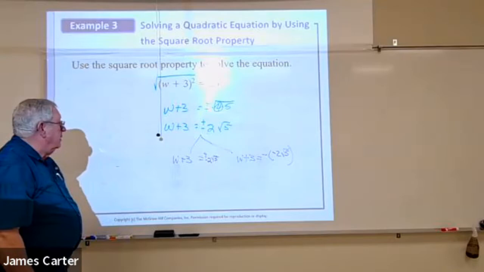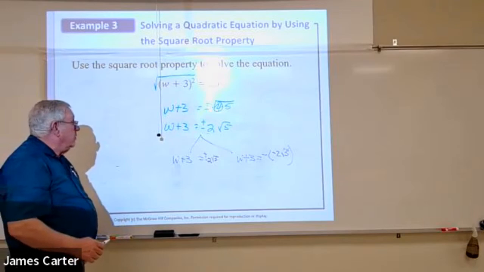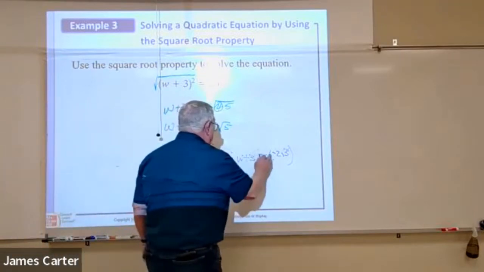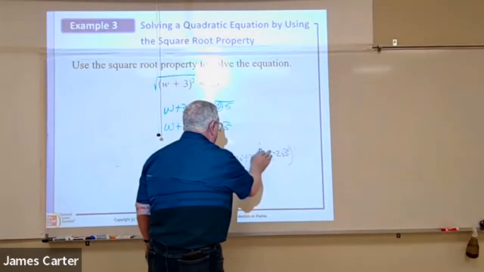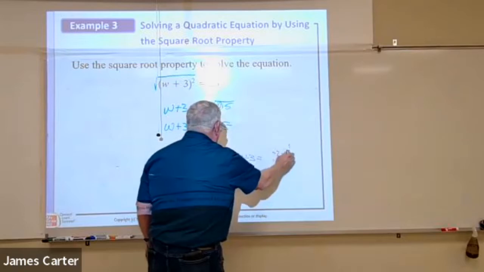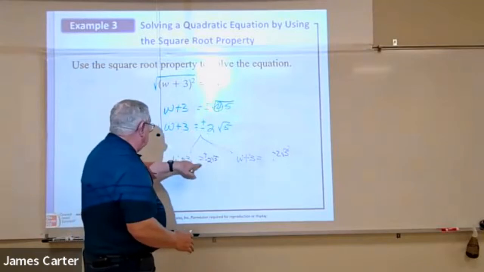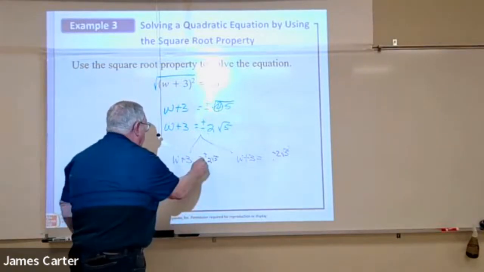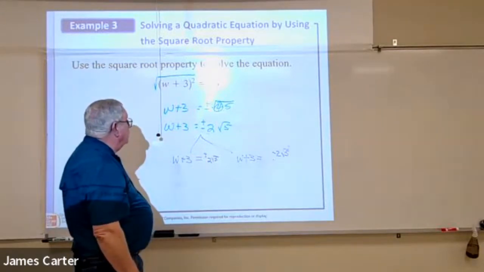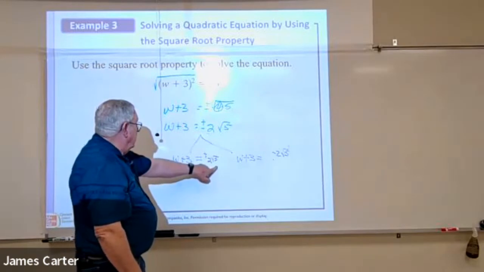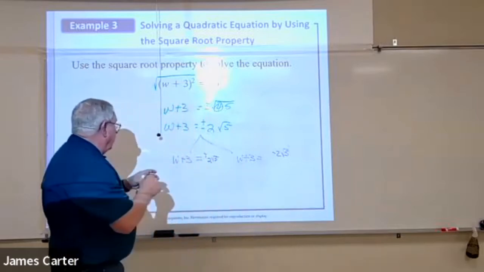Oh, whoops, I don't need this yet. I'm better off, let me get it right. There, now it's correct. Here's the positive 2 radical 5, here is the negative 2 radical 5.